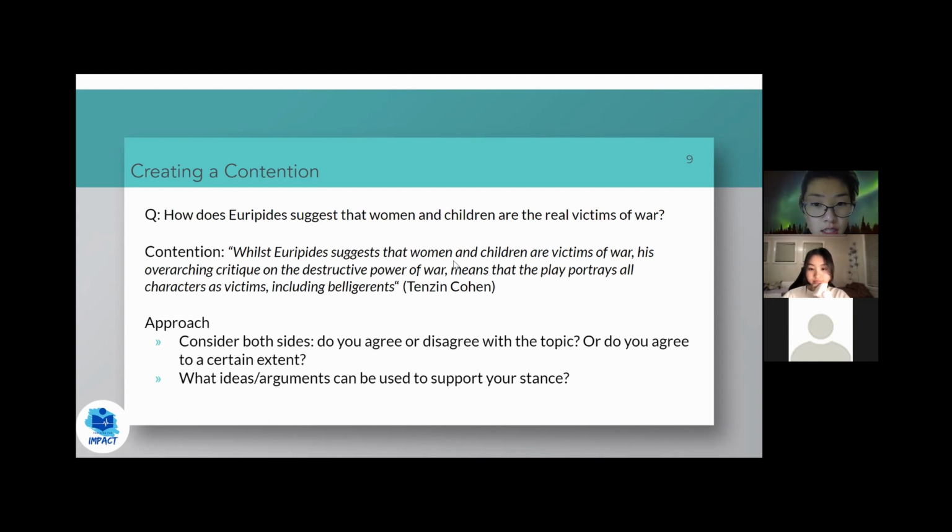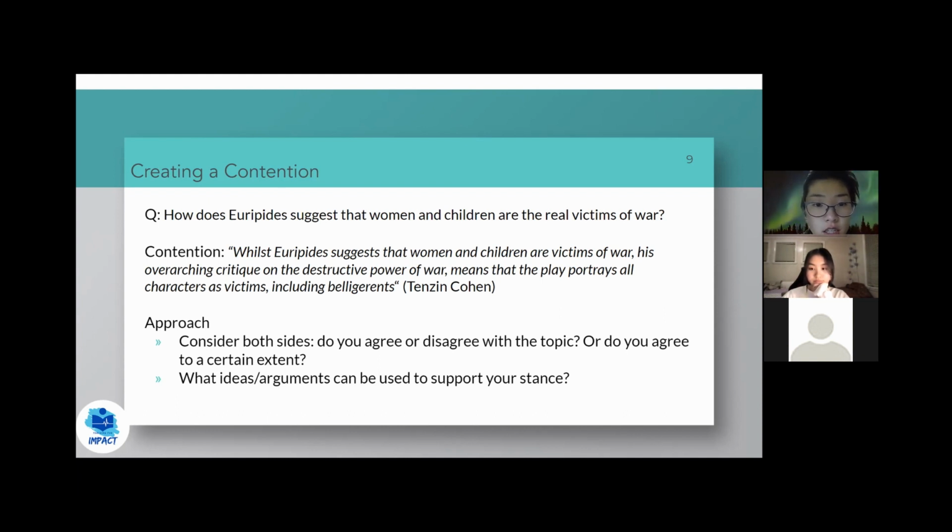The arguments and ideas that are used to support your stance should really just be fleshing out the key parts from your contention.